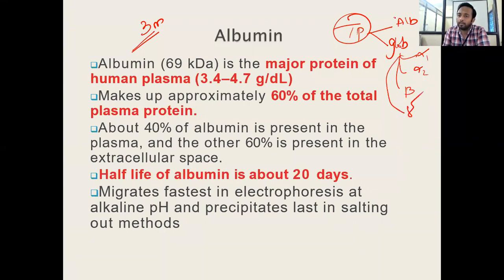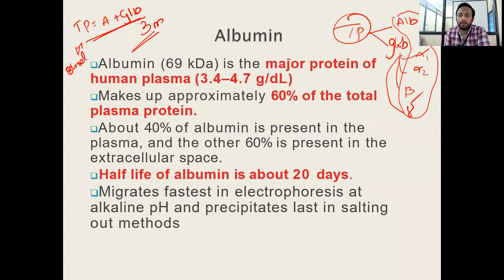On electrophoresis, it has 5 patterns. But otherwise, total protein is nothing but albumin plus globulin.